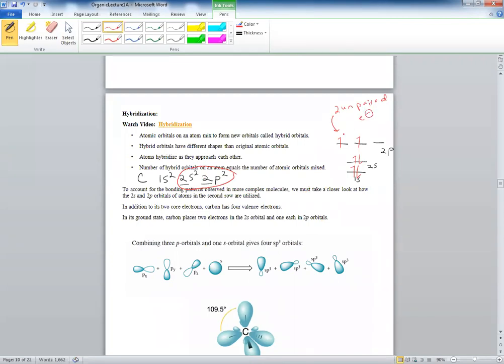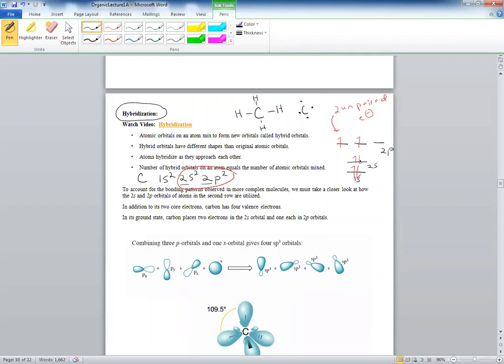How can you have 2 unpaired electrons, yet we have a very important example of methane, where carbon has 4 hydrogens attached to it, which means carbon has 4 unpaired electrons? How can that happen? Well, the only way they were able to explain this is by using the theory of hybridization. Hybridization simply is a way of explaining how the bonding now goes from 2 unpaired to 4 unpaired electrons.